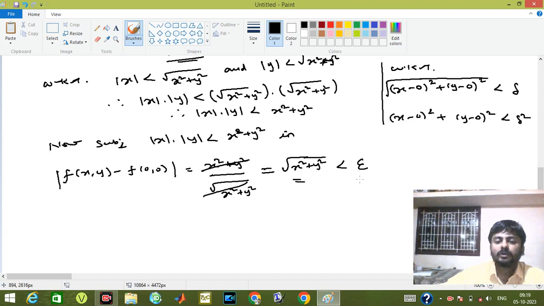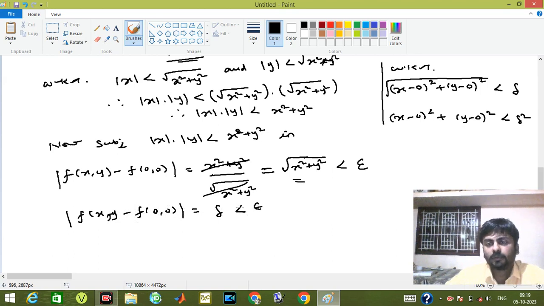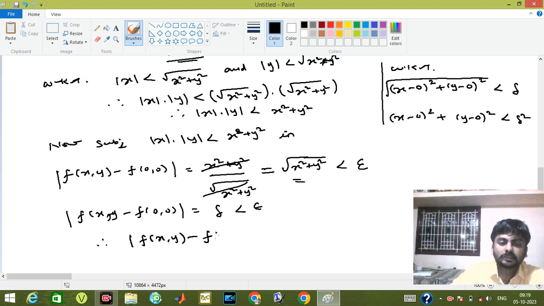So here you can see modulus of f of x comma y minus f of 0 comma 0 equal to delta, which is less than epsilon. Therefore modulus of f of x comma y minus f of 0 comma 0 is less than epsilon.